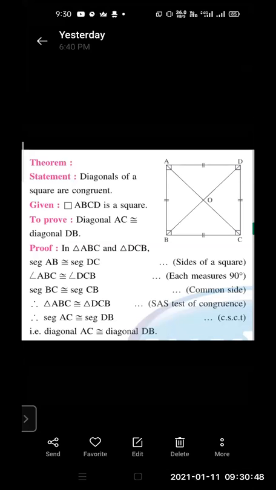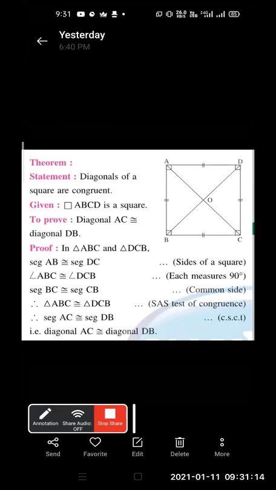Here first we are going to see theorem 1, that is, diagonals of a square are congruent. This is a very specific property of a square. So what is given here?